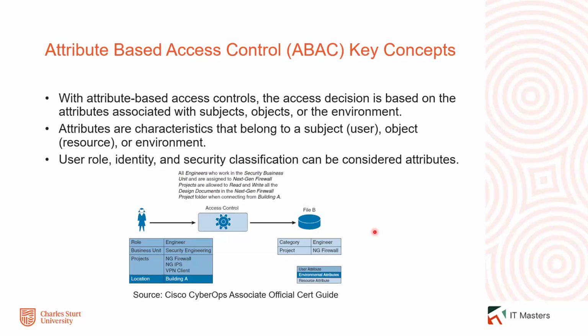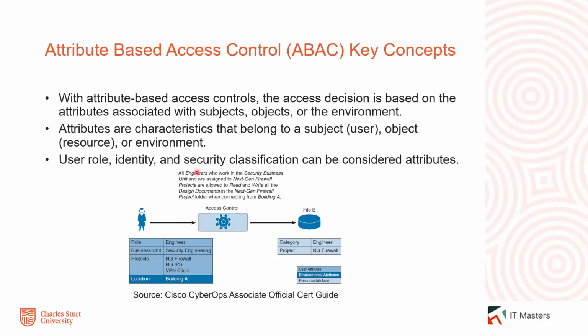Attributes are simply any characteristics of a user, a resource, or the surrounding environment. And user role, identity, and security classification can be considered attributes. So in this particular example, simple example here, we have an access control which says these following statements.